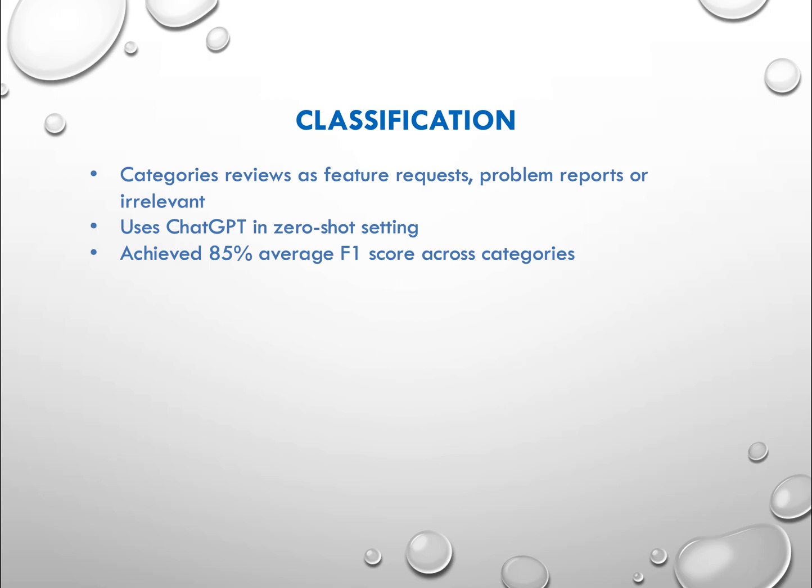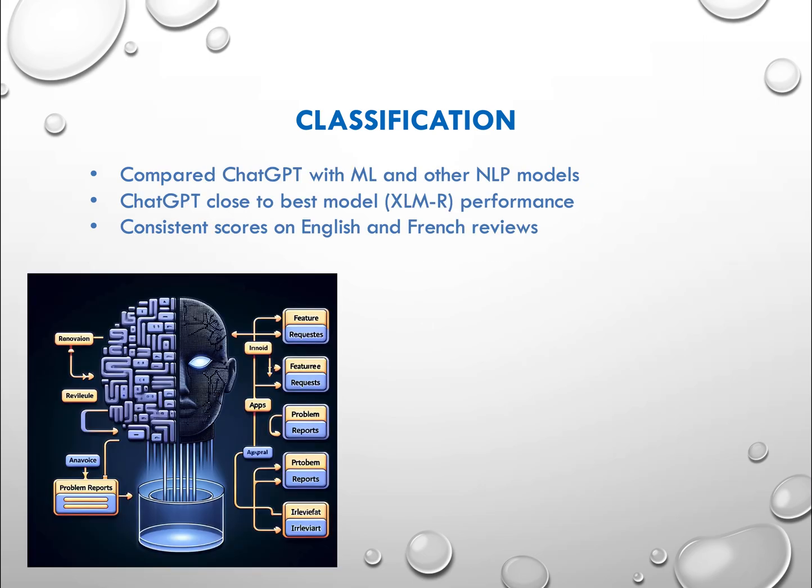Across the averaged metrics over three app corpuses and both languages, ChatGPT achieved an 85% F1 score, which came quite close to the best performing XLM RoBERTa model, showing the power of zero shot learning. An interesting observation is that while ChatGPT lagged for feature requests, it actually exceeded established benchmarks on defect classification, hitting 97% recall.